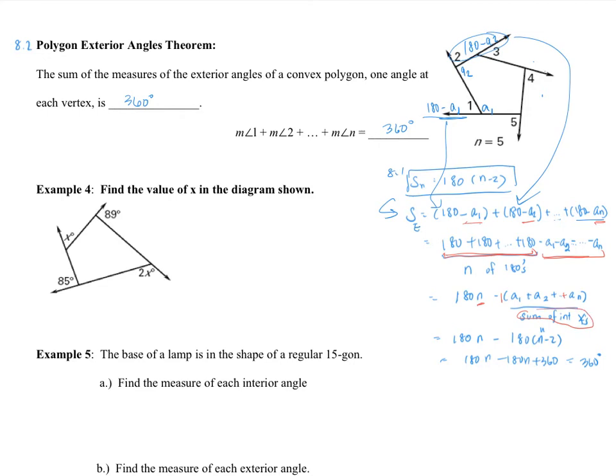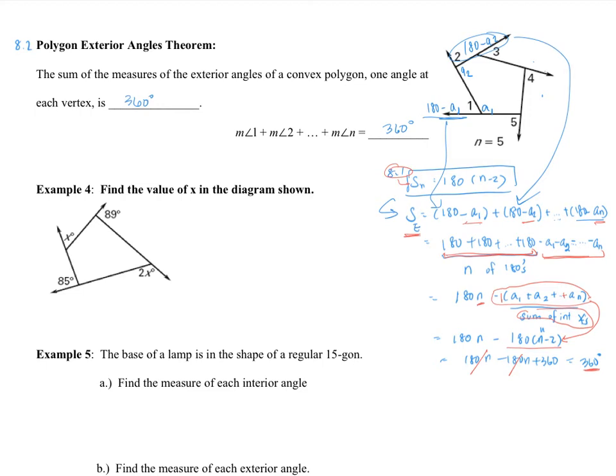So then I can substitute this section with the formula from 8.1, and when I distribute 180 in, I would get 180n minus 180n plus 360, and I can cancel this out, and this will be 360 degrees. So here's my proof for 8.2. And on my website, I showed you a slightly different proof, and it still means the same thing. So take a look at both and see what works for you.